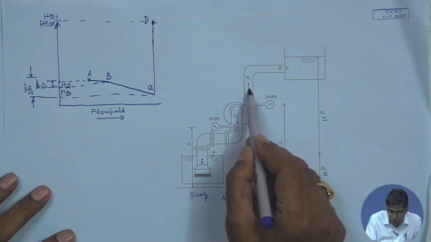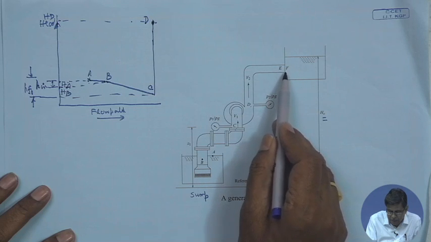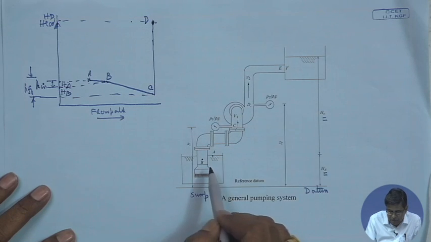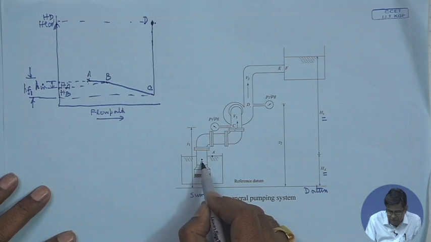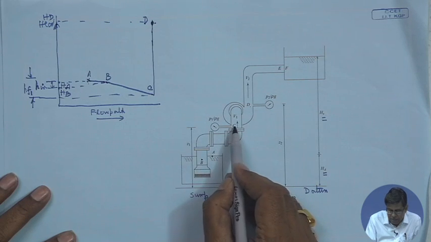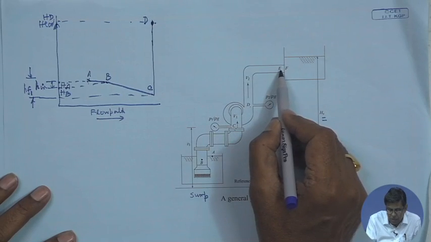Then the fluid flows from D to E, where E is just at the outlet of the delivery pipe. All the points you must observe: A is at the free surface of the sump, B is just after the inlet, C is just before the inlet to the pump, D is just at the discharge end of the pump, and E is at the outlet of the delivery pipe.